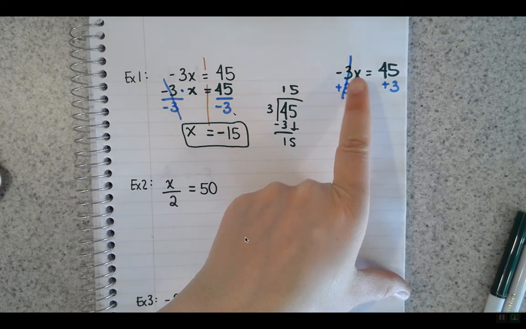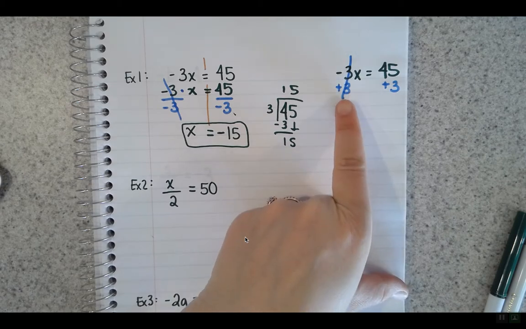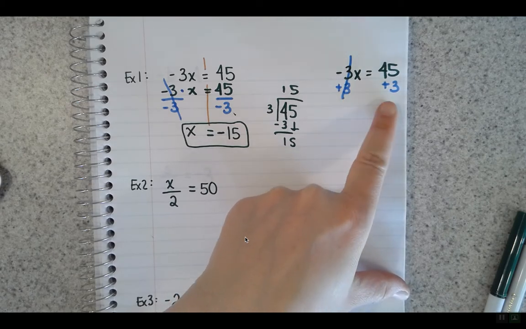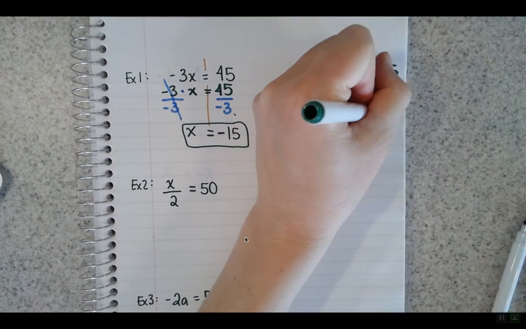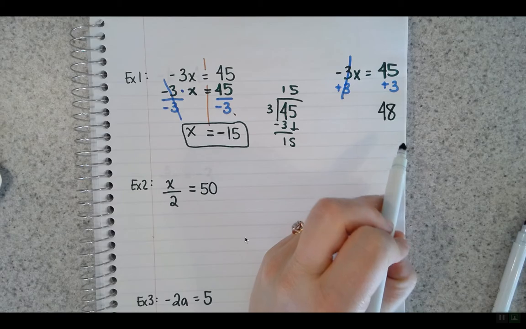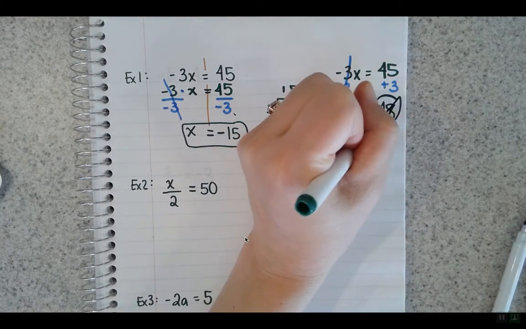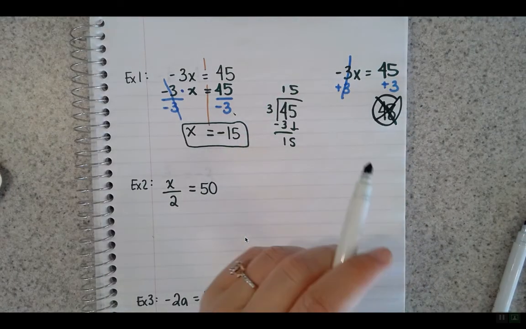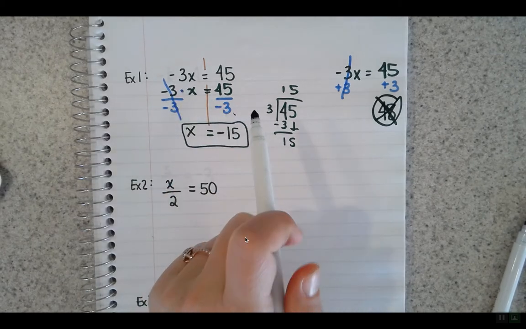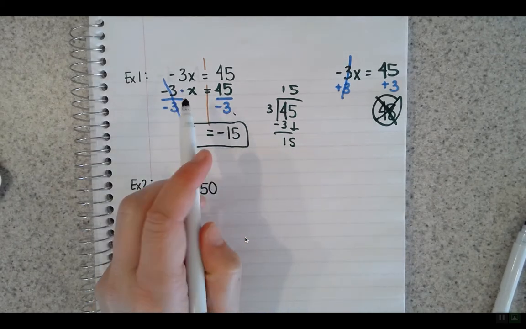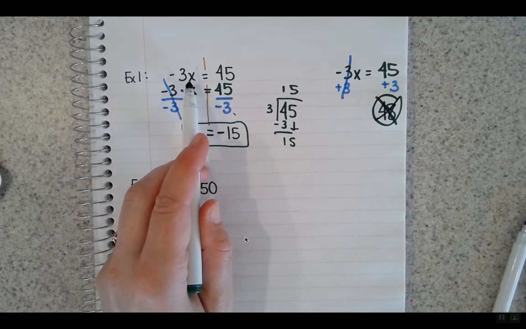The main operation between the -3 and the x is multiplication. This would be the wrong inverse operation, and this would get you the incorrect answer. Just because you see a negative there does not mean you need addition. You have to remember there is an invisible multiplication sign in between the -3 and the x.